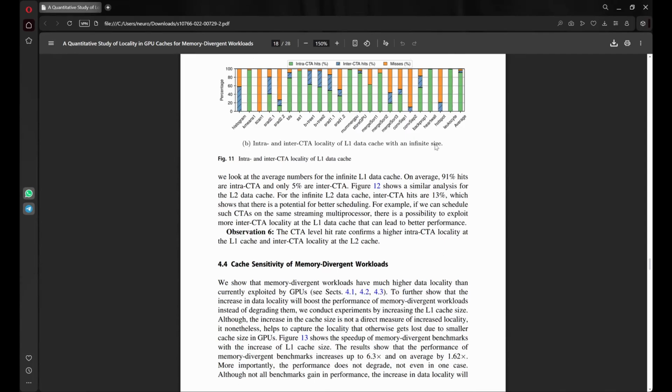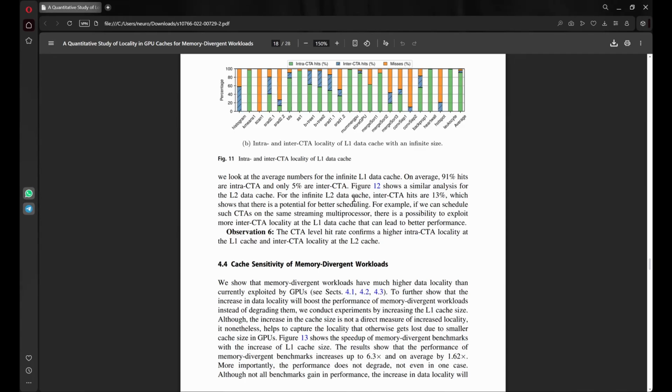So I think what that's saying is that the L2 cache has a lot more inter-CTA hits than the L1 cache. In the infinite cache study, we saw that only 5% of L1 cache hits are inter-CTA. But if we look at L2 cache, 13% of hits are inter-CTA.